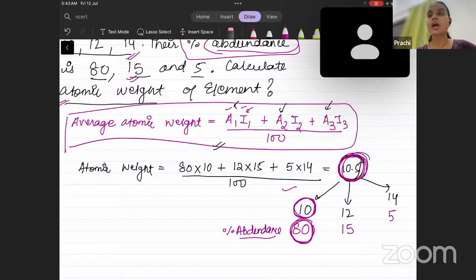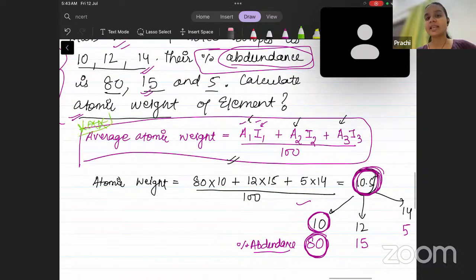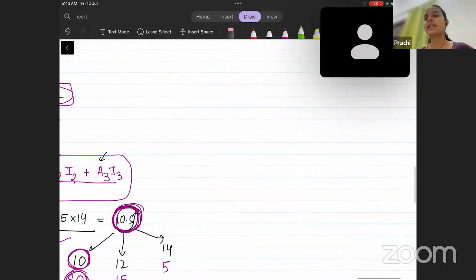So you can note down this formula and keep it with you, because you could be asked to calculate the average atomic weight. Now, there can be other questions based on this. Here, they may give you the average atomic mass, and also the mass of the isotopes, right?